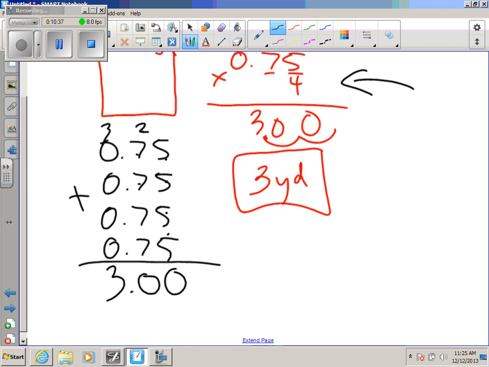Line up your decimals. You still get 3. Okay, can still be done. Okay, let's try one of these.